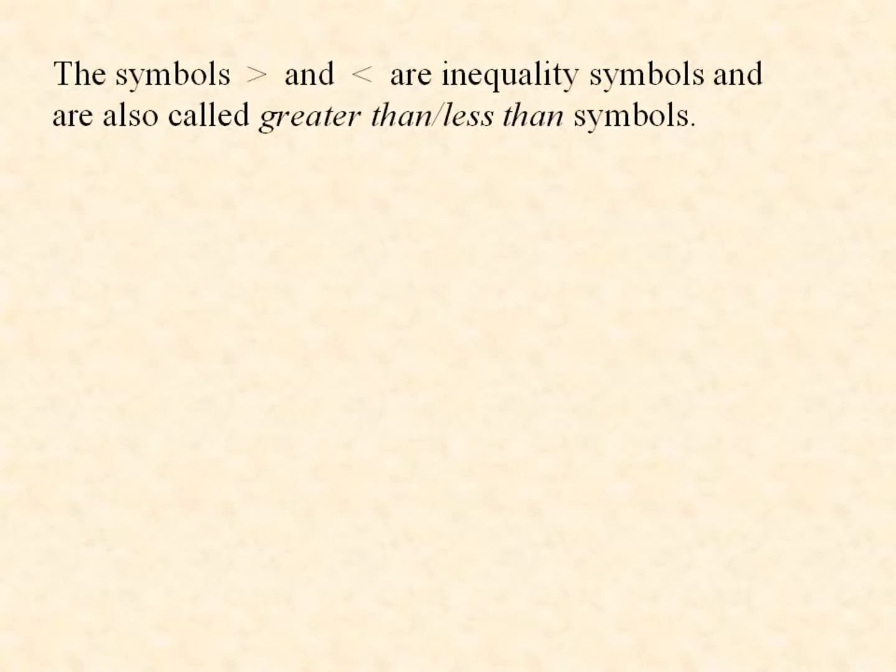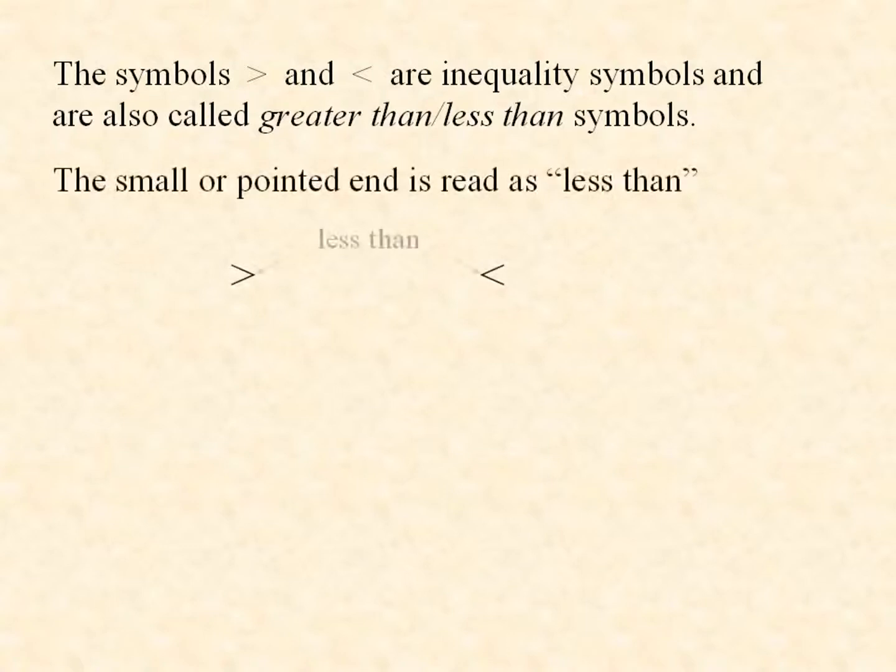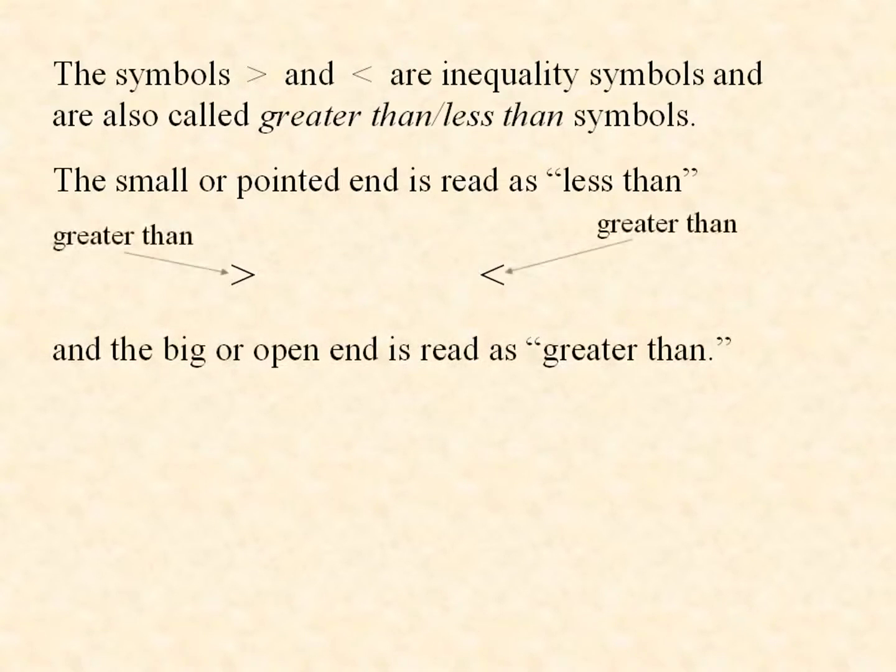The symbols greater than and less than are inequality symbols and are also called greater than, less than symbols. The small or pointed end is read as less than, and the big or open end is read as greater than.